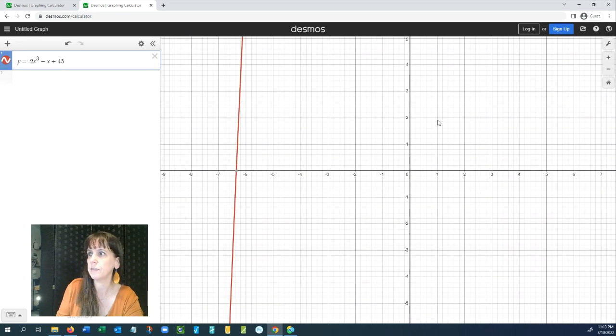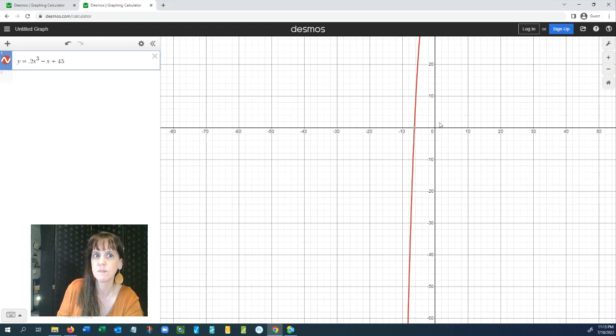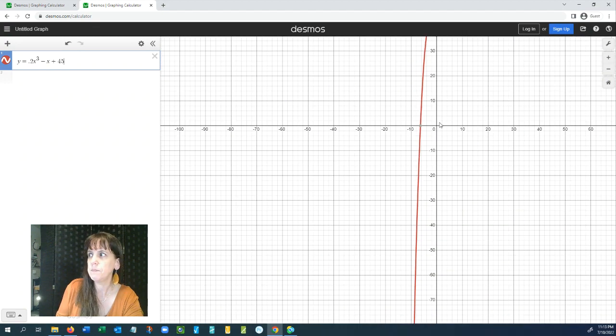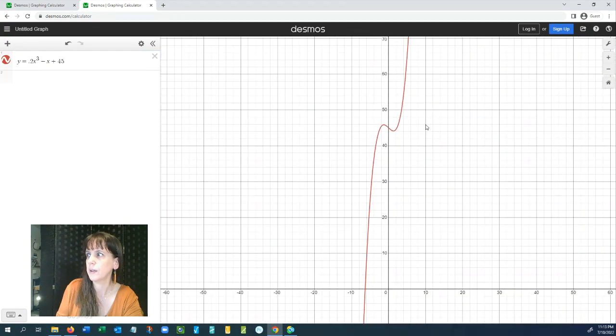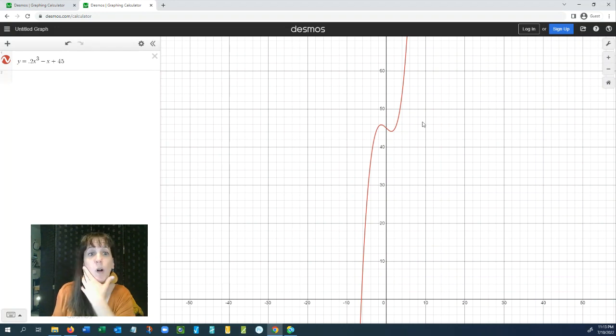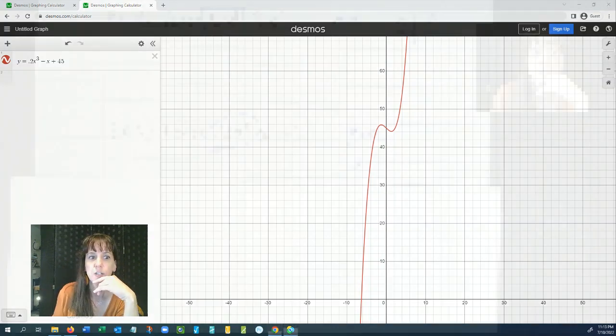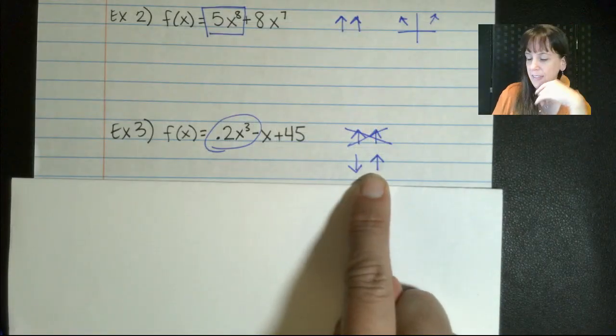Let's zoom out. There it is. Whew, way up there. That's because our y-intercept is 45, right? And you'll see that it's going down and then up. If you look at our notes here, sure enough, we are going down and then up.